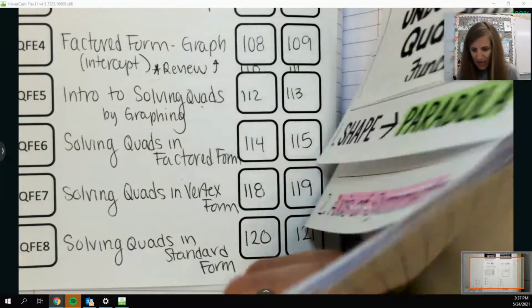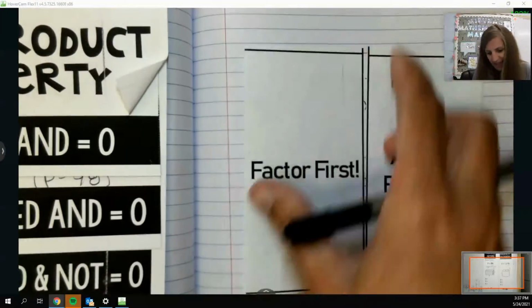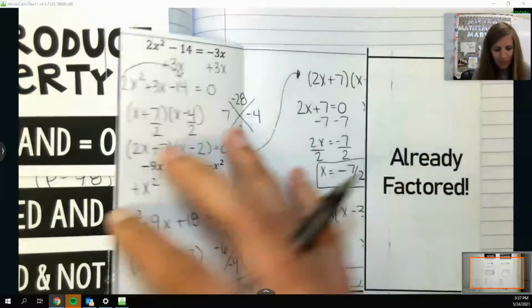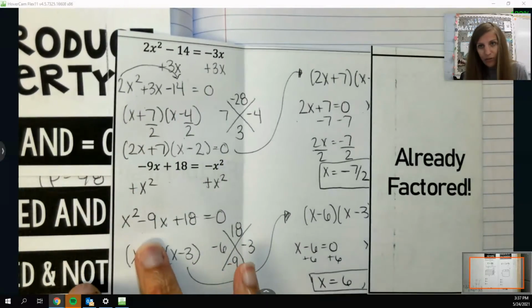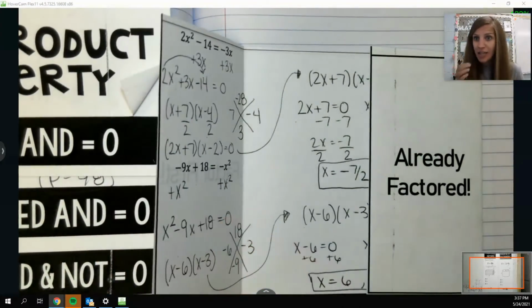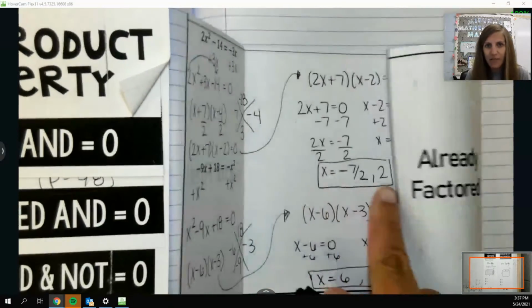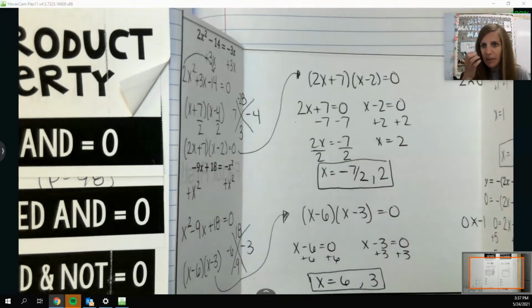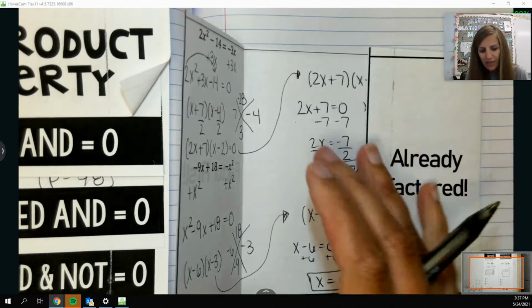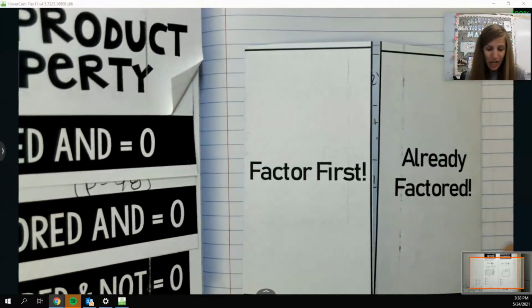Because if we actually look at page 114 real quick, if I'm in standard form, something like these ones, it's actually best to try to factor, because then it is so easy to solve after that. Remember, we just set each parenthesis equal to 0 and solve two little baby equations. And so if we can do that, that's what we should try first.